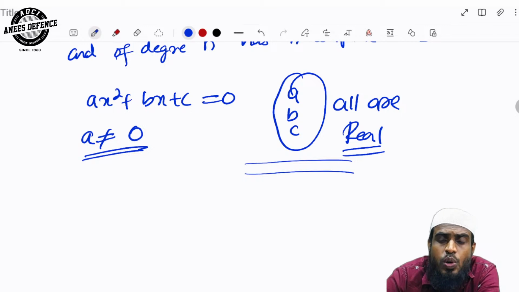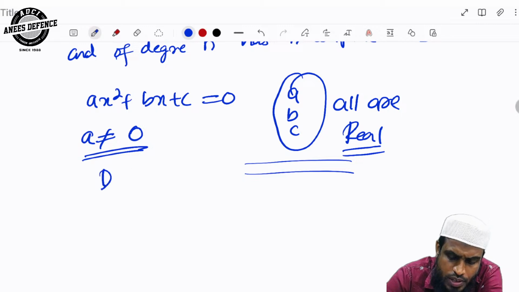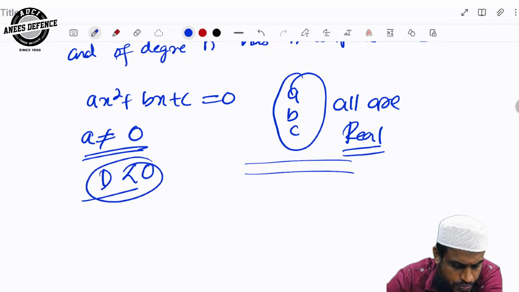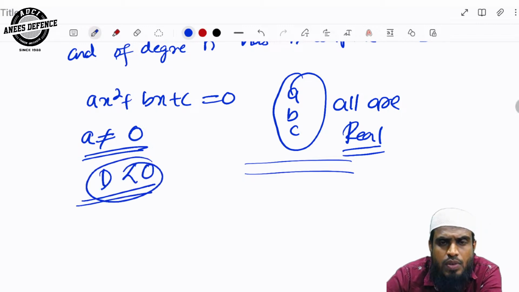and if we are finding out roots of the quadratic equation, if the value of d is less than 0, then it will have complex roots or imaginary roots that will always occur in pairs.